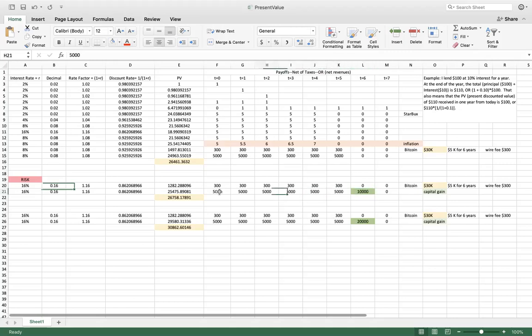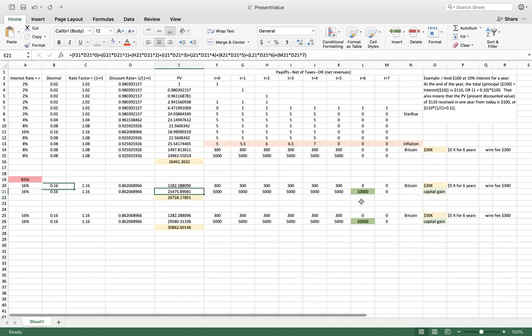So this is assuming that over the course of those 6 years, on average, we have a price increase from 30K to 40K. So even though I've transferred $5,000 for 6 years in a row, at the end of that, I still end up with $10,000 worth of Bitcoin because the Bitcoin price went up. And so I add that into my calculation.